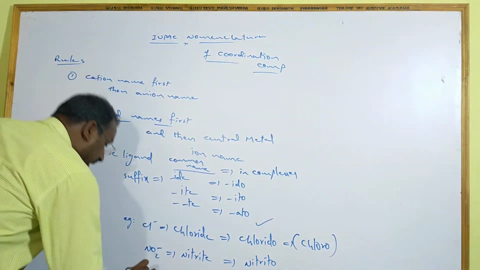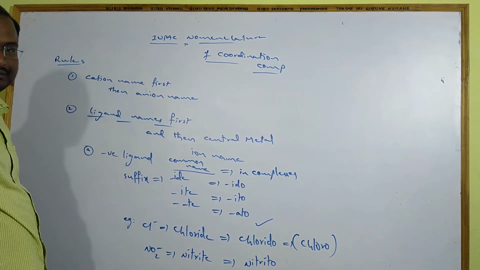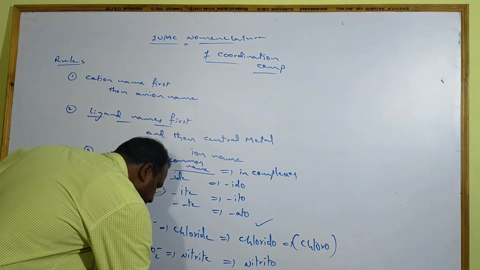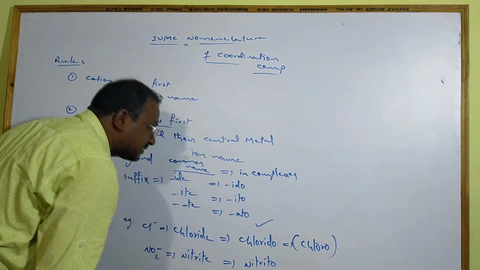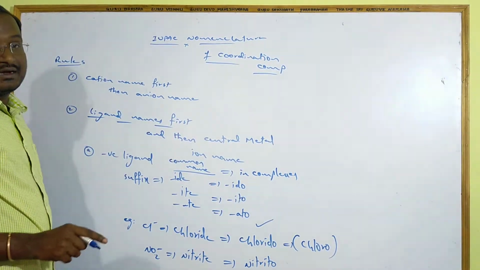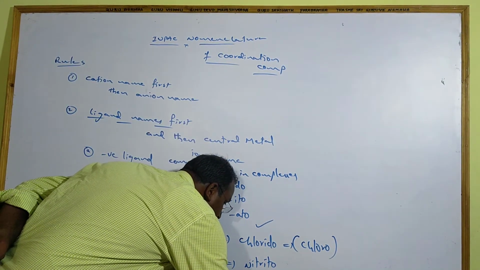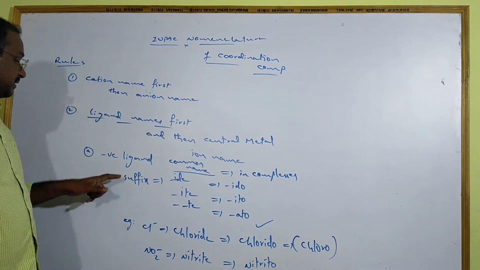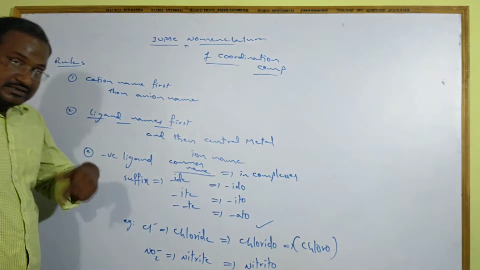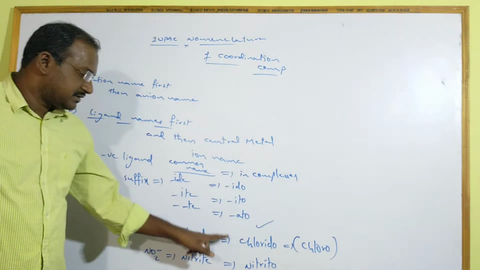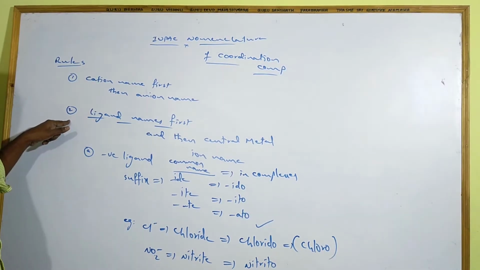Another one: if NO3 minus is there, generally the name of this anion is nitrate. In complexes, if NO3 minus is a ligand, you write nitrato. Like that, negative ligands in complexes are written like this. This is rule A in the second rule.